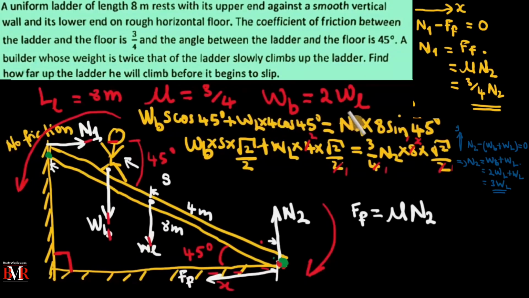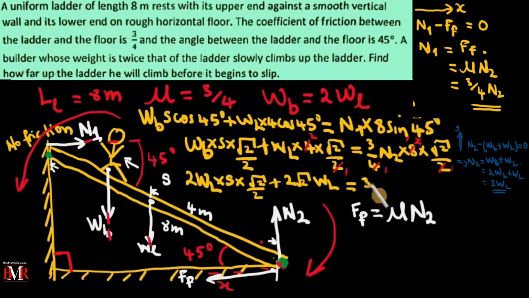From the equation, WB is 2WL, so I need to replace WB by 2WL. That is 2WL times s times root 2 over 2, plus 2 times root 2, that is 2 root 2 times WL, which is equal to 3 root 2 times N2.